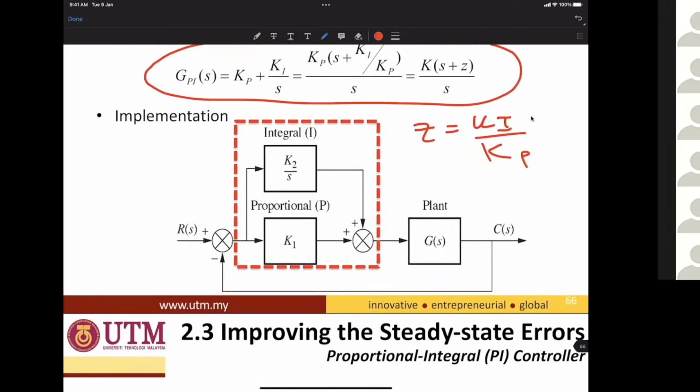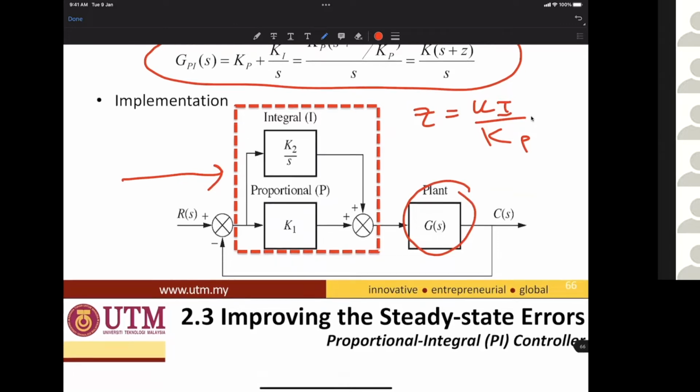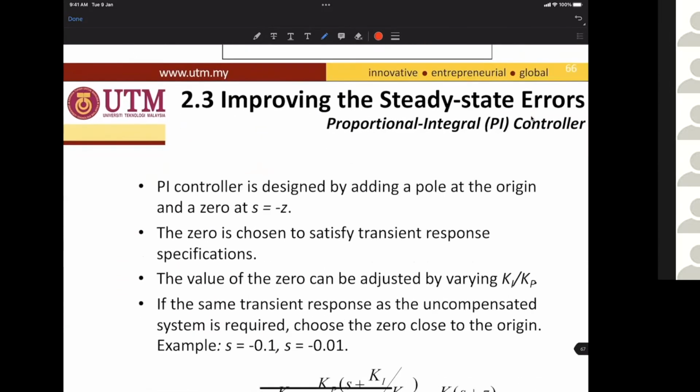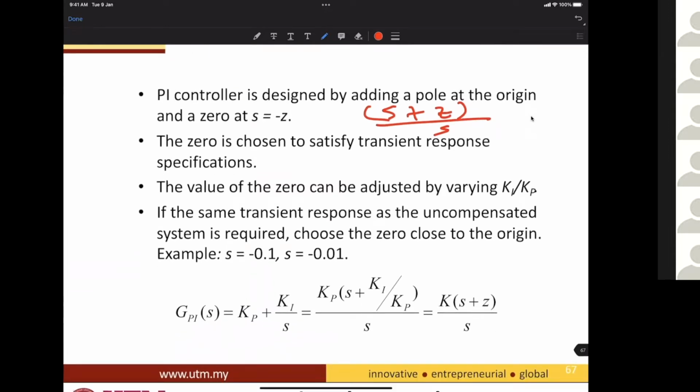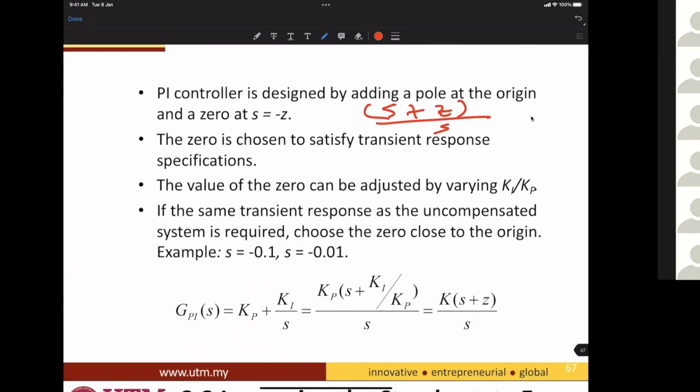Okay, so this is the block diagram. The red dotted line represents the PI controller structure. Okay, and this is the model, the open loop transfer function. Both are connected, cascaded. Okay. So PI controller is designed by adding a pole at the origin and 0 at minus Z. Okay, S plus Z divided by S. The 0 is chosen to satisfy the transient response spec.